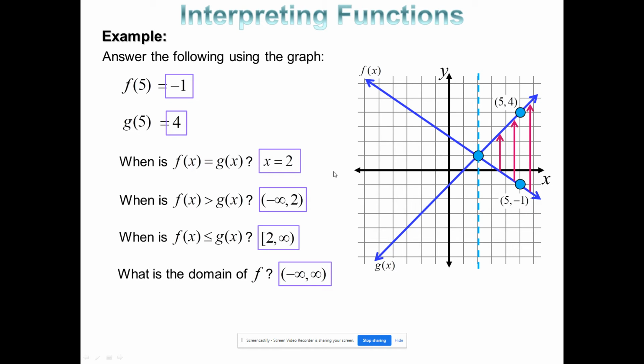I mean, we'll never see that, but it would keep going on and on to the left, and on and on to the right. Even though it's going at an angle, it's still stretching out. Domain of g, same thing, and that's for all linear functions. All linear functions will have a domain that is all real numbers.